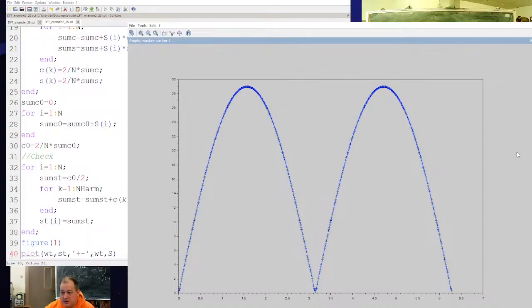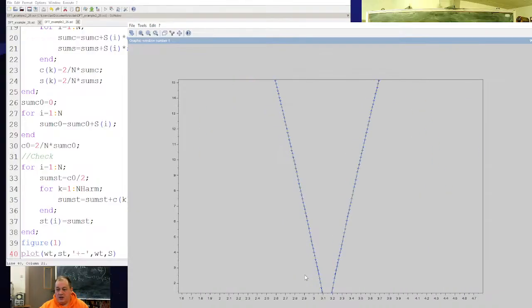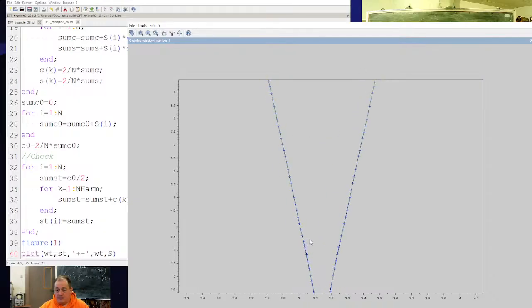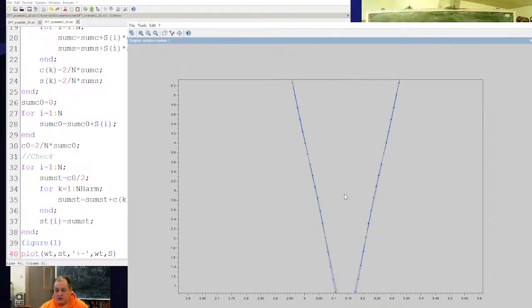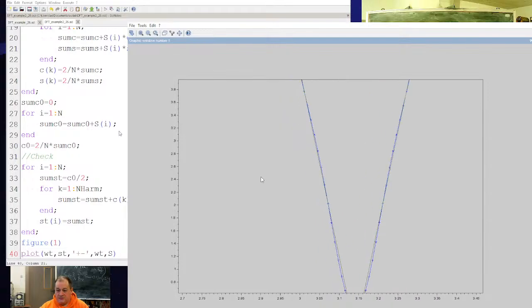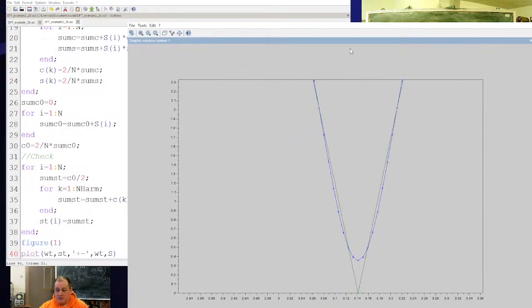Yes, I think it's fine. I can enlarge it. There is a difference, of course, because this sharp change, this interruption, will not be ideally reflected by the Fourier series. But you can see no disasters here.